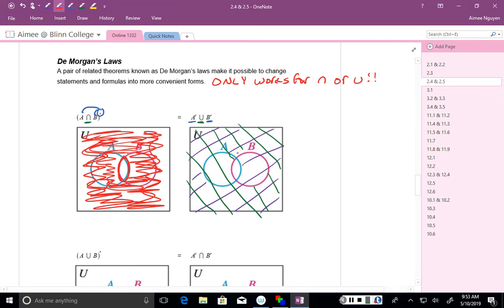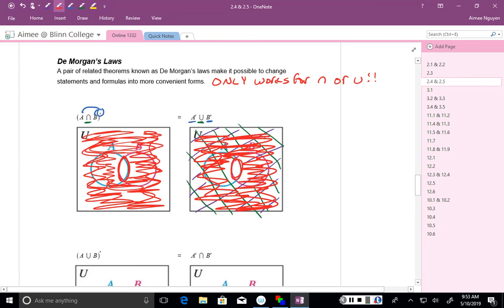And so we get the same thing. The only place where I don't have either of the colors is that portion there in the middle. And so my answer is all of this stuff on the outside. So this is how we can show that they are equivalent statements, right? That they give us the same answer, because basically all we get left is that little oval in the middle.